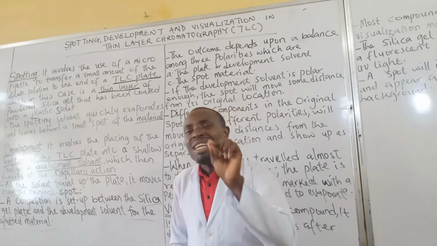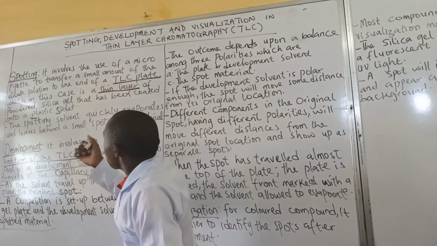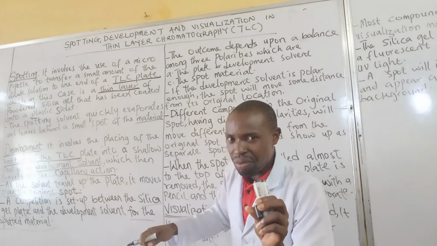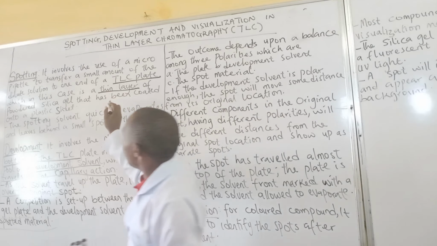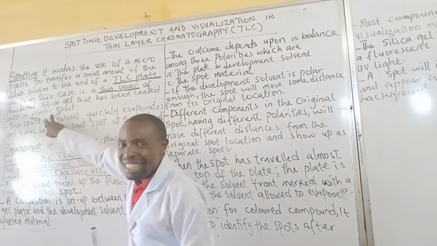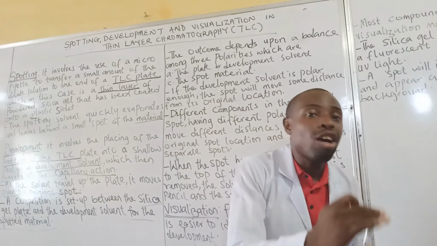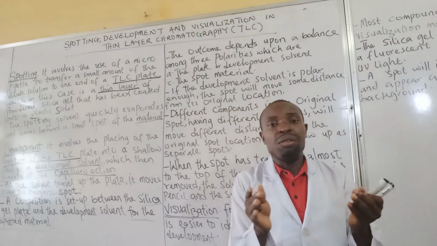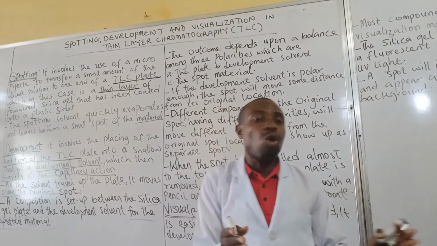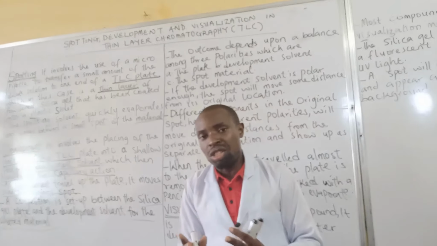Now, this thin layer chromatographic plate is a thin layer of powdered silica gel that has been coated onto a what now? Onto a plastic sheet. Take note. So the thin layer chromatographic plate is a thin layer of silica gel that has been coated onto the plastic sheet.